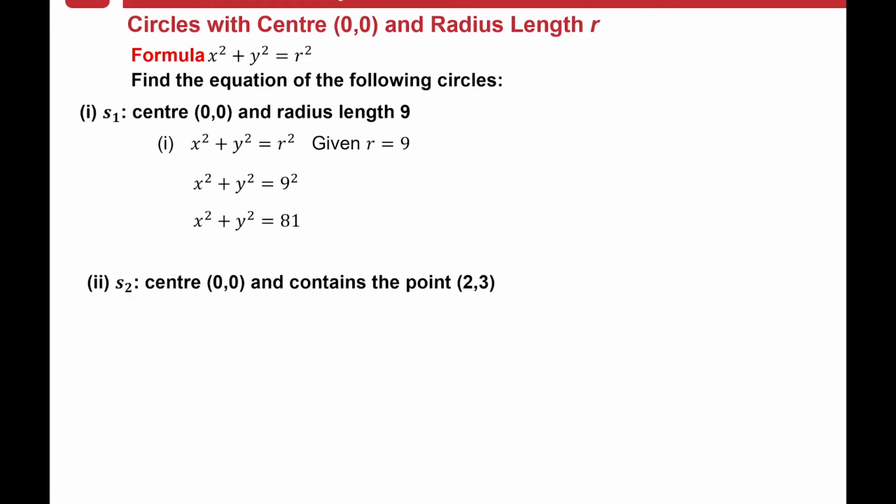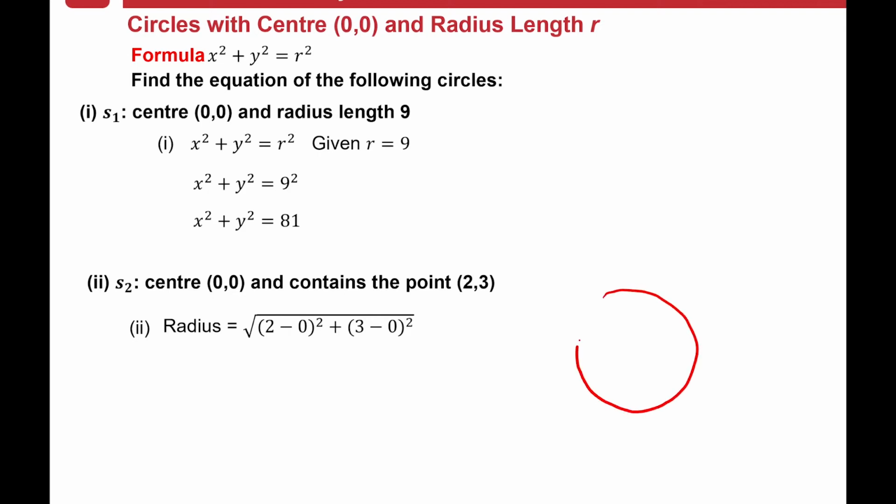In part 2, we're asked to find the equation for a circle, and in this case we're told the center of the circle, and we're told that the circle contains a point 2, 3. To find the equation of the circle, we must find the radius.